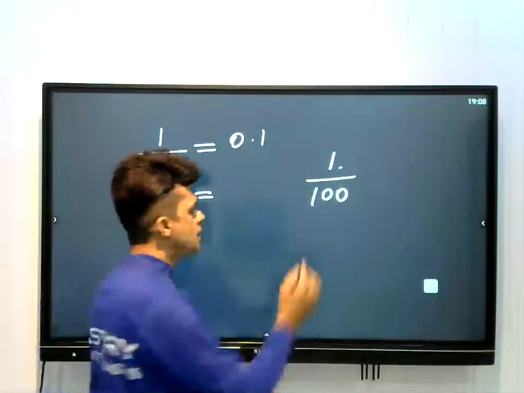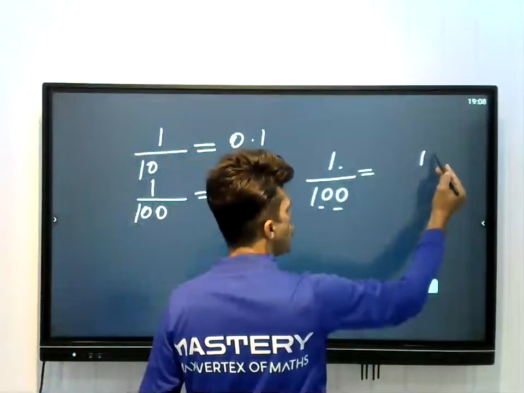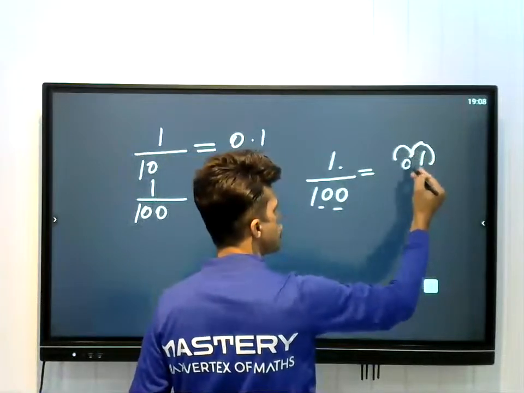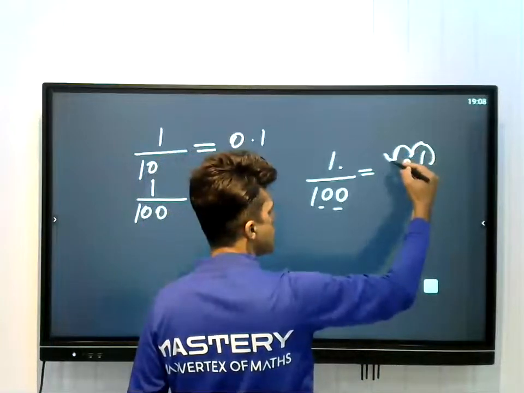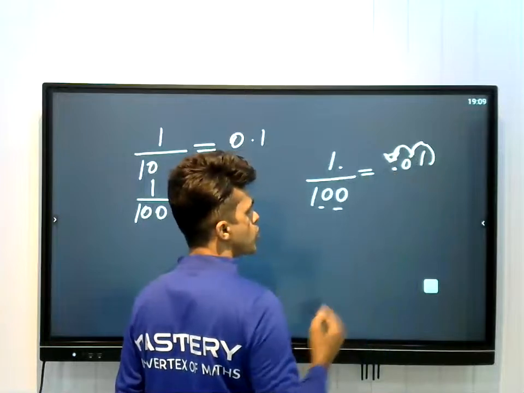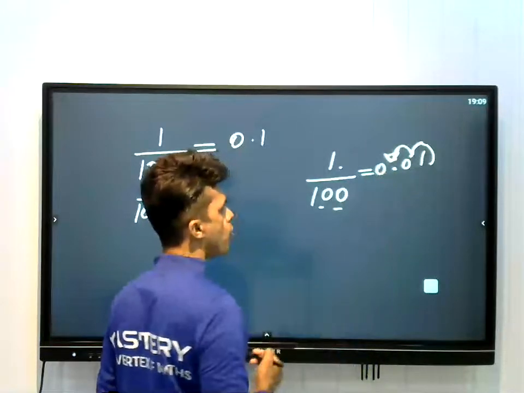The reason is there are 2 zeros here. So it comes here, 1, 2. Then here you need to put 1 0. So the decimal point stops here. Here you need to write 1 0. So the answer is 0.01.